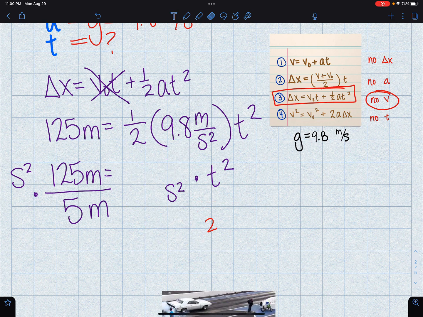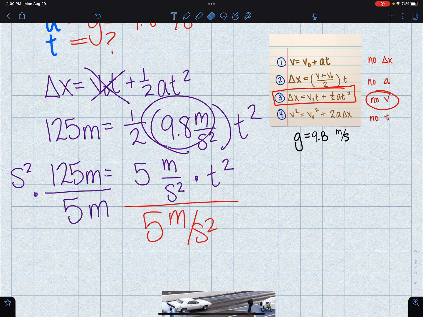That cancels out. And when I put 5 meters per second squared on the left side over here, it's a fraction on top of a fraction, so I just bring that on top. Does that make sense? Tell me if it doesn't make sense.